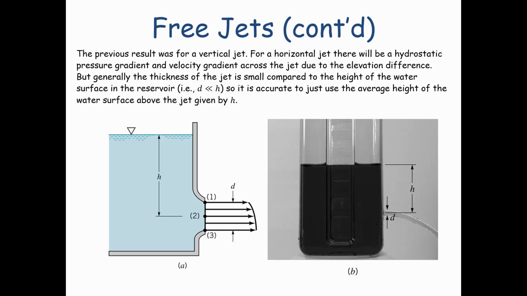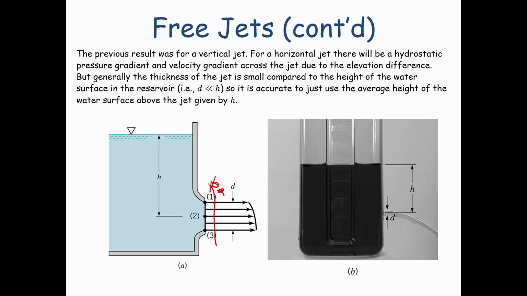If we have the jet on the side of the container as shown here, we can see that again, if we make the assumption that the fluid does not have any curvature to the streamlines when it's coming out of the opening, then the fluid pressure across the jet will be uniform, and since the pressure on the outside of the jet is equal to PA, the pressure inside the fluid will just be equal to the air pressure, or equal to 0.